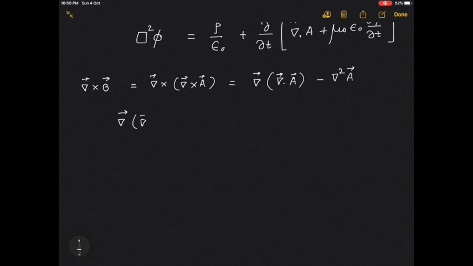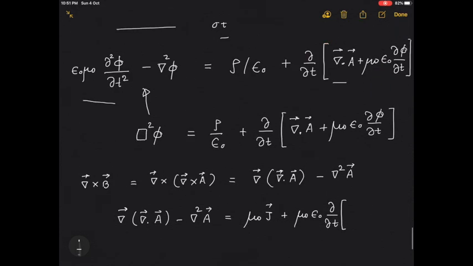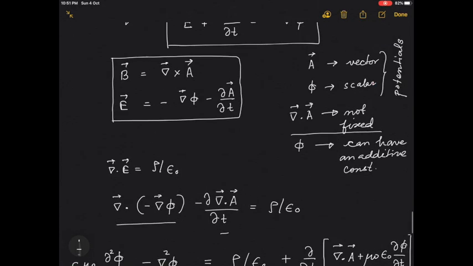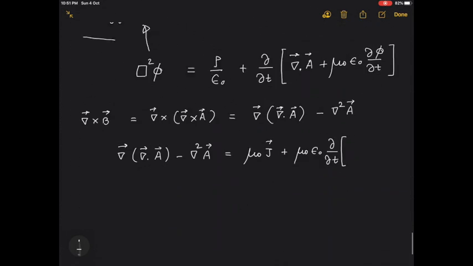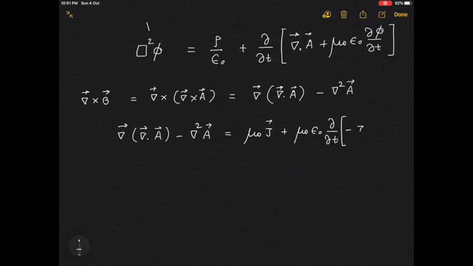So gradient of divergence of A minus grad square A. What is there in the right hand side of that Maxwell's equation? I have mu 0 J and I have mu 0 epsilon naught del E del T, and E is minus grad phi minus del A del T. So this is minus grad phi minus del A del T.